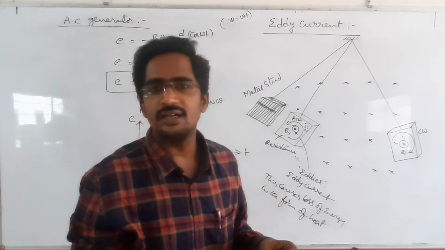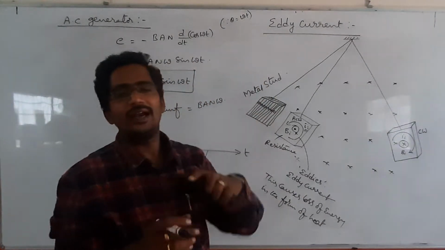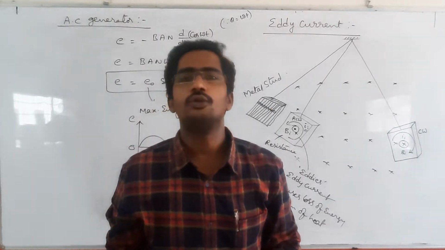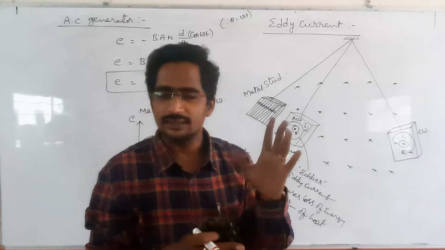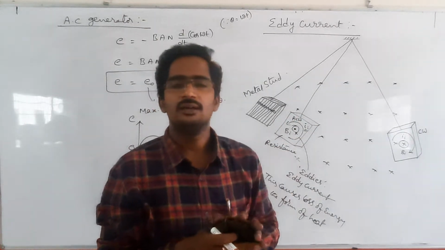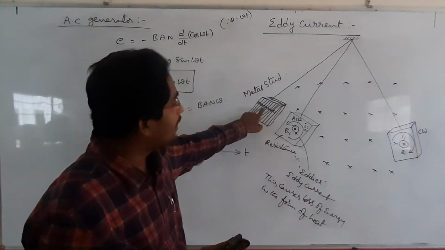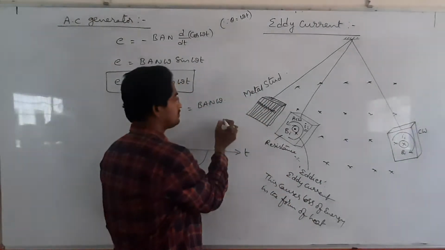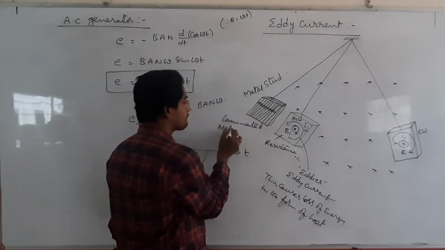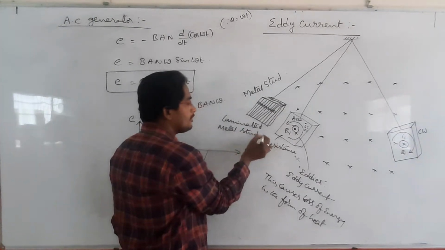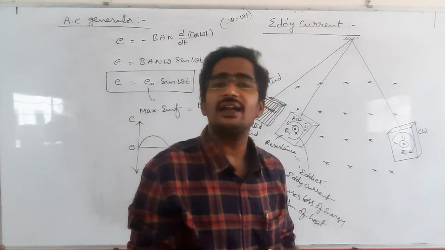So do remember, how can we reduce the eddy current effect? By using laminated metal plates as a stud, instead of a single metal stud. By that, eddy currents are reduced and loss of energy will reduce.